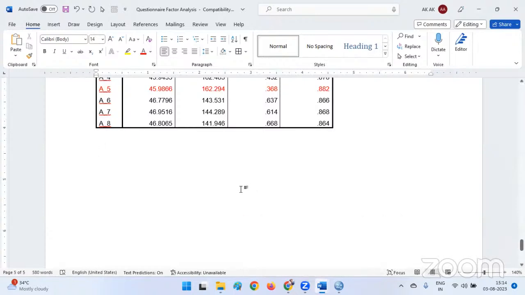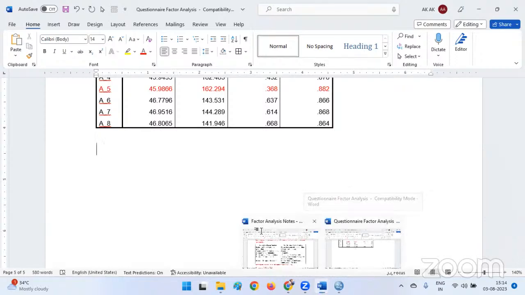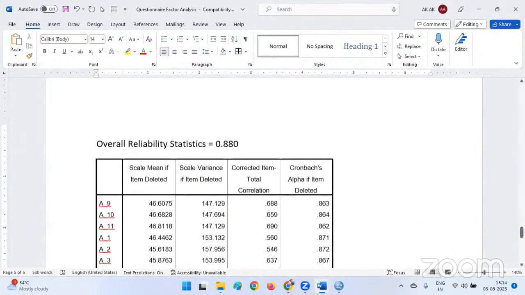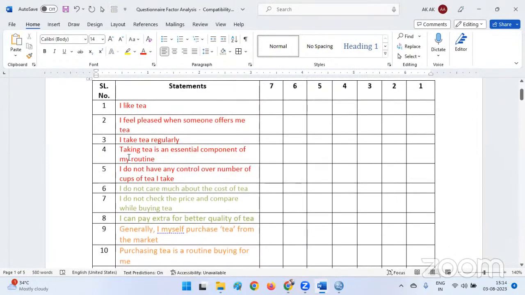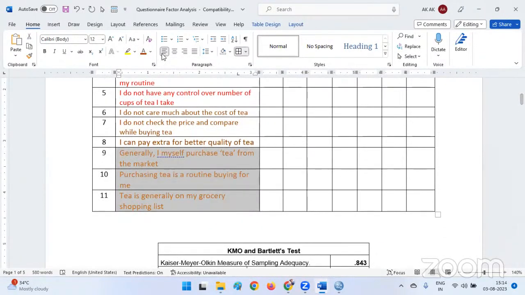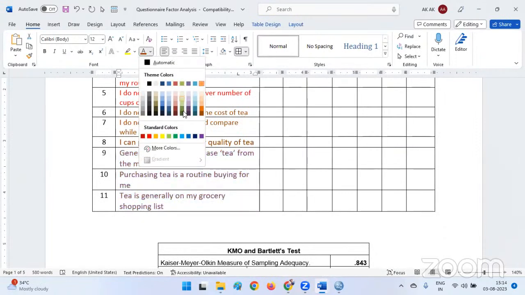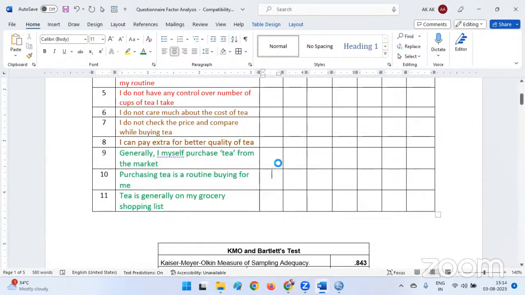Naming the factors. Now, if I go back to the questionnaire, how would I name the factors?